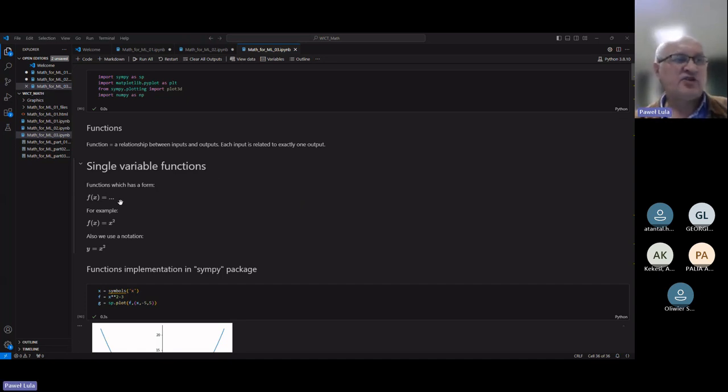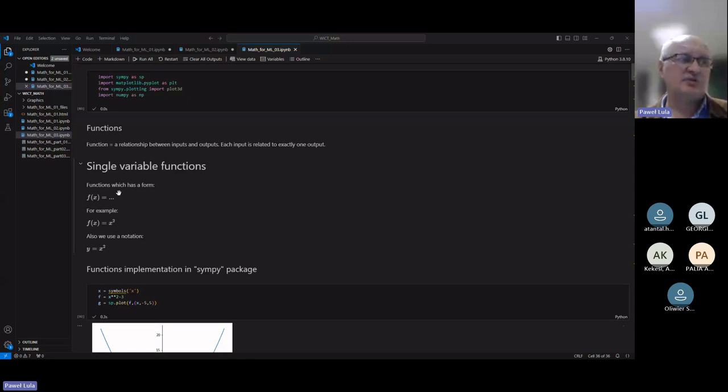So the functions which we will use today will have this form which we see here. It will be a description of the transformation of the value of a variable, where x is our input variable.